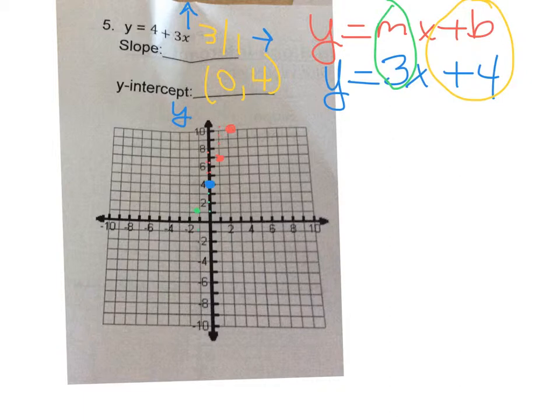Down 1, 2, 3, left 1. And I always have to have 5 points if I can. So if I connect all my points, that would have been a little straighter, would have been nice. I think my pen got funny there. Okay, so there is the equation, y equals 4 plus 3x. Notice the slope is 3 over 1, positive, which means my line should be going uphill, which it is.